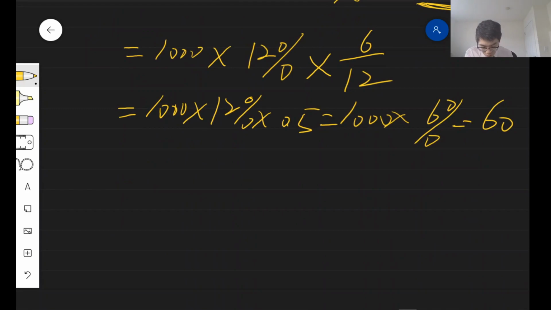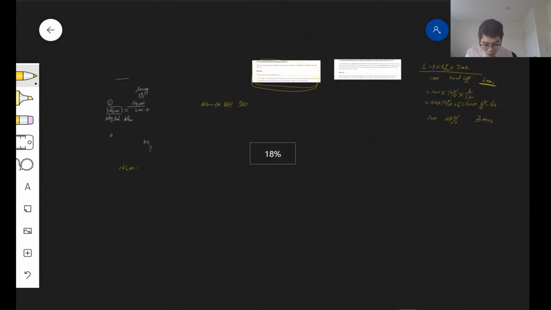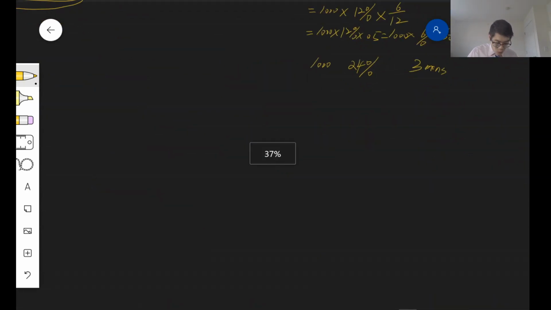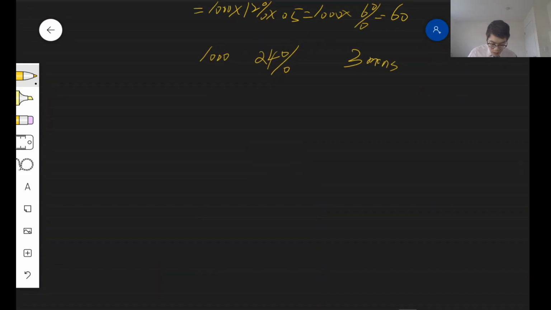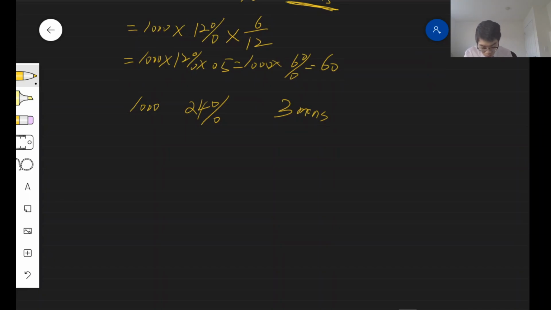Or if the principal is $1,000 and the annual interest rate is 24% and we only use the money for 3 months, how do we calculate the interest for using $1,000 for 3 months? The interest will be $1,000 times still the annual interest rate.